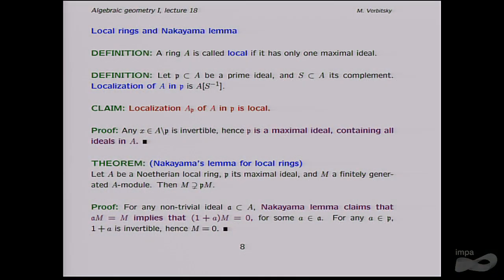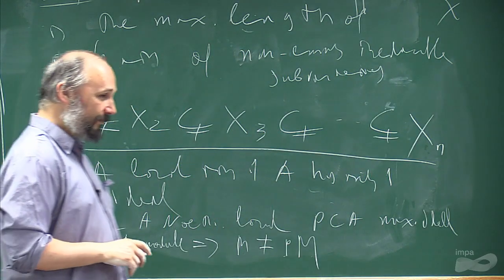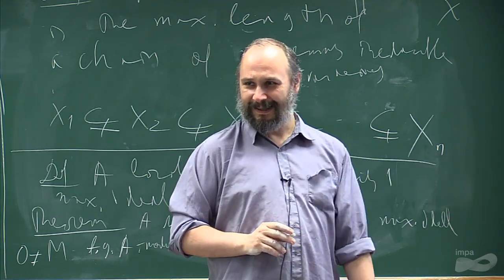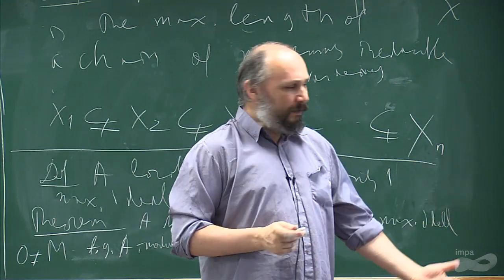I have even written a proof here. This is actually the best statement of the Nakayama lemma, which is most useful, about local rings. We didn't use it for local rings, but today we will. The proof is very easy.